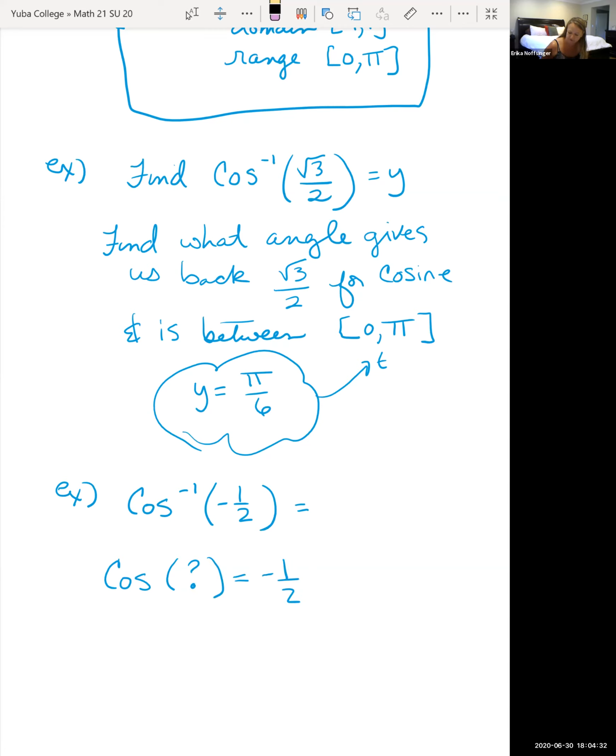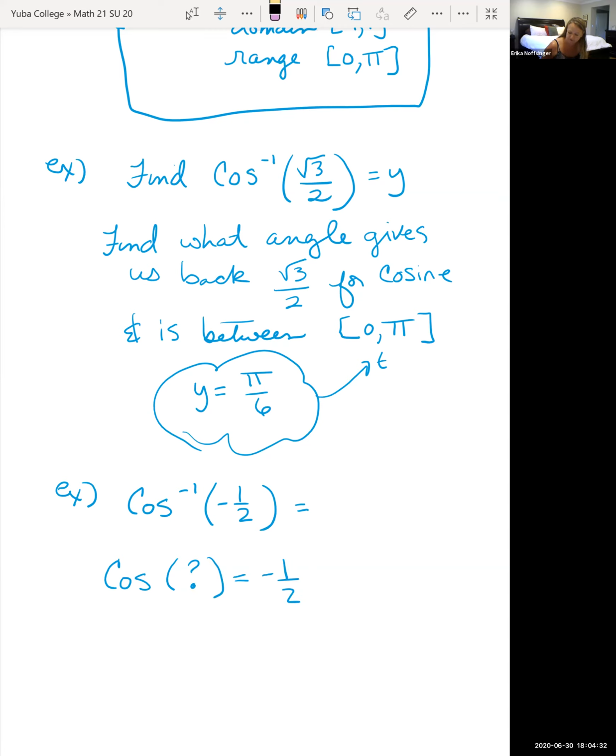First thing I do, I ignore my negative and think, okay, cosine of what value is 1/2? Cosine 60, right, so 60 degrees, but we're in terms of radians, so it is pi over 3.